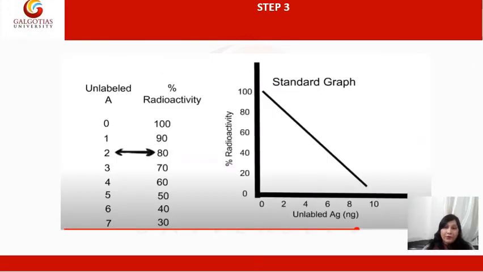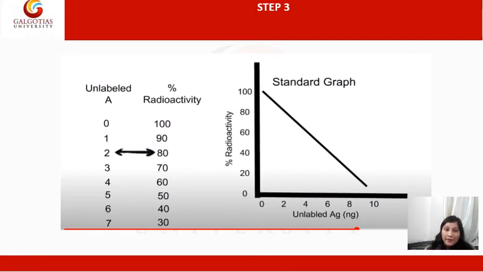Now we will perform the same exercise again, but in this step we will add a 2 microgram per milliliter solution to a microtiter plate of 100% radioactivity. In the previous step, I used 1 microgram per milliliter concentration. Now we are going to use 2 microgram per milliliter of antigen.